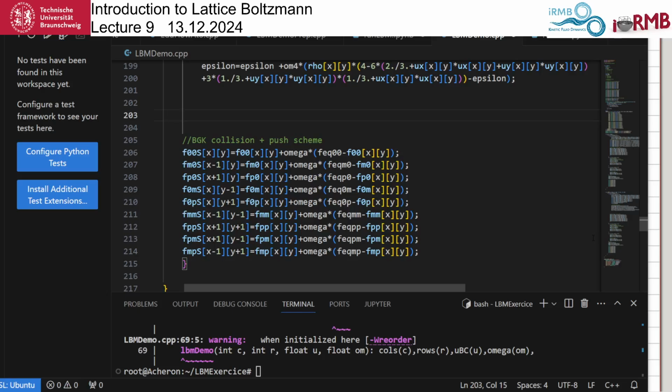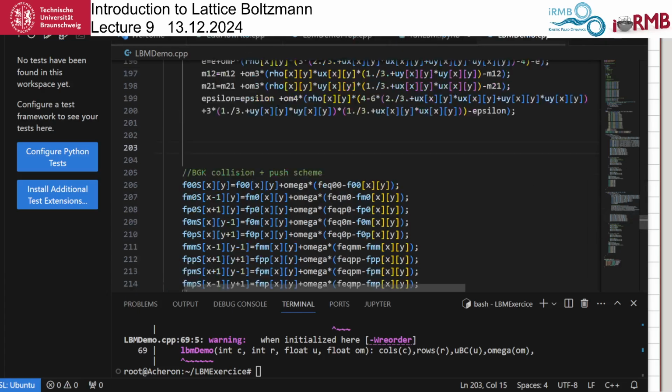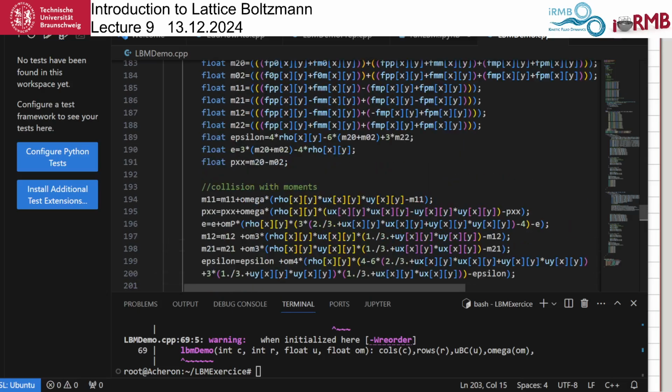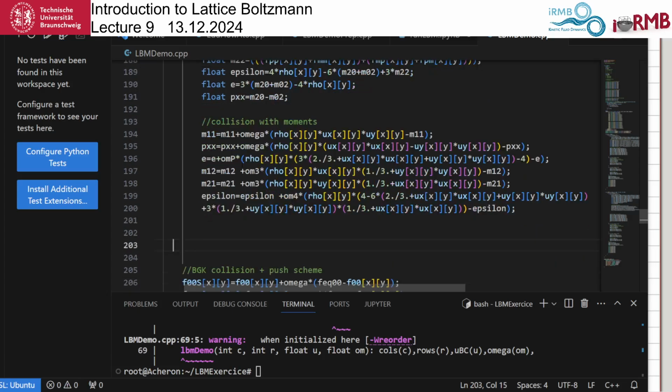So in order to do this, we have this moment epsilon, E and Pxx. So for this, we want to still have the post-collision moments.